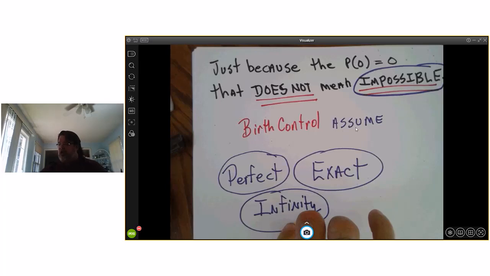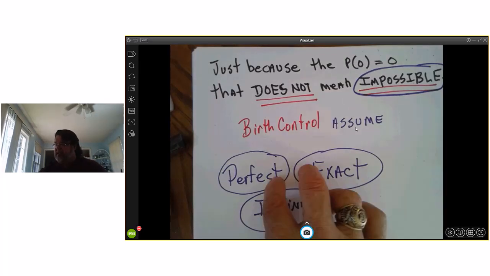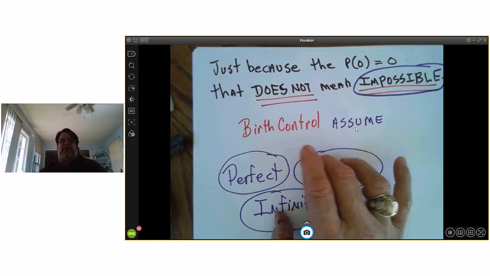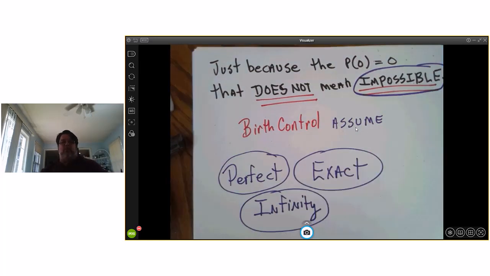So these words, when you see these words in a probability context, what should you immediately think? There ain't no way.